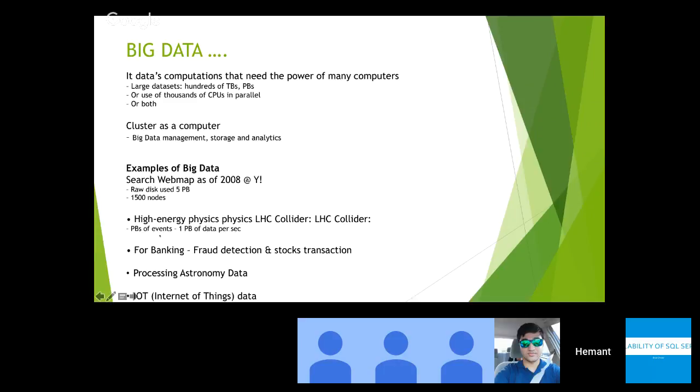Then the same big data is generated in banking. For fraud detection, they take the whole set of behavioral data and do the analysis on it. Doing analysis the traditional way would take, I think, years of traditional computing. The same goes with stock transactions too. We also generate a lot of data when we process astronomy data, when we sense all the satellites and spaceships up there.